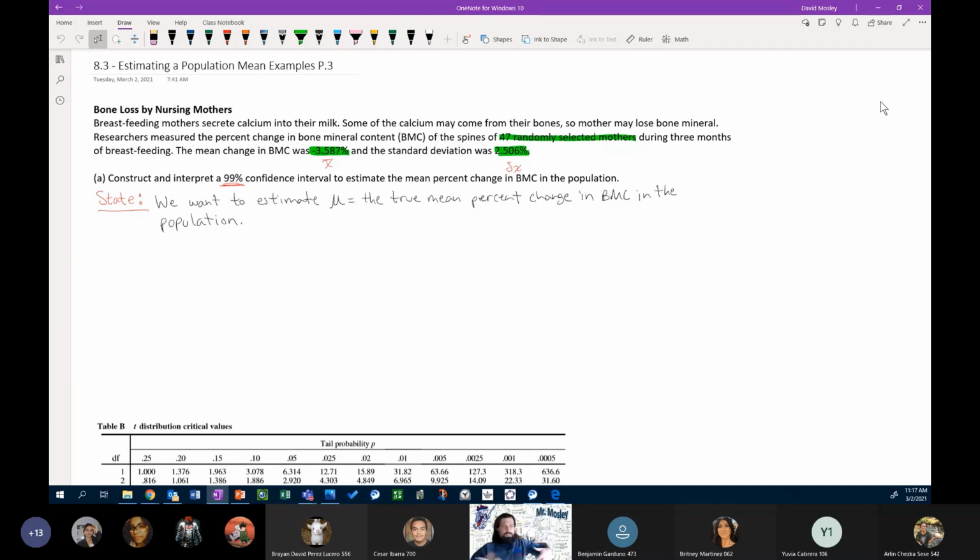All right, so that's what we're going to do. And we'll go to plan. Right, that's step 2.